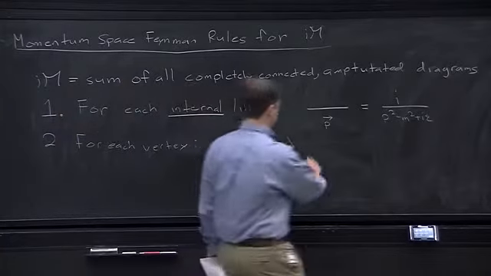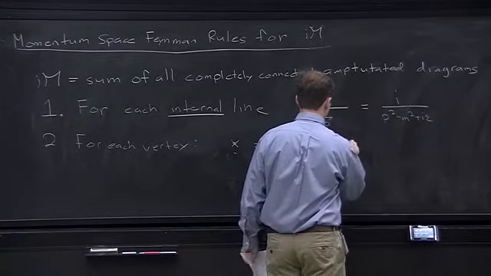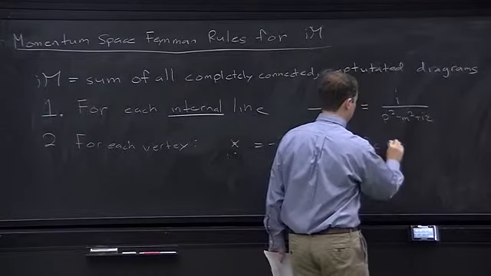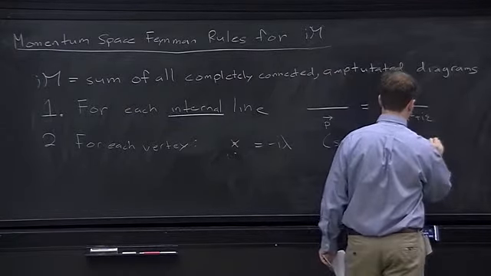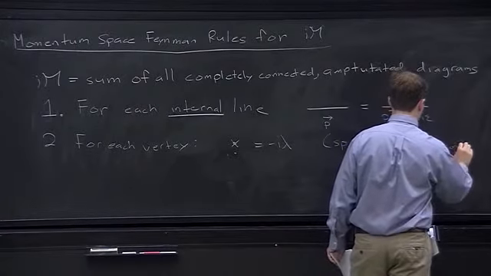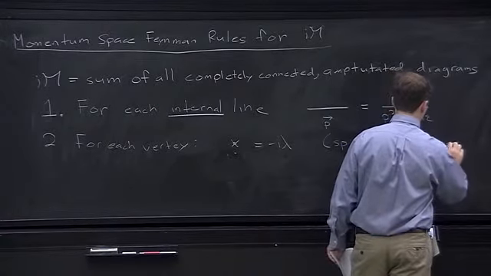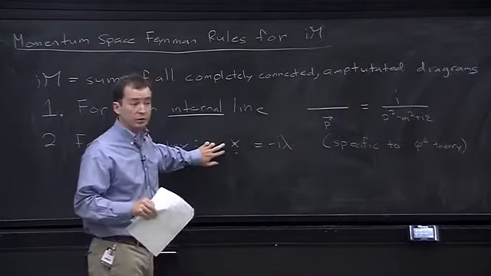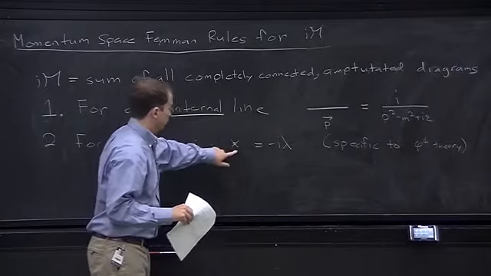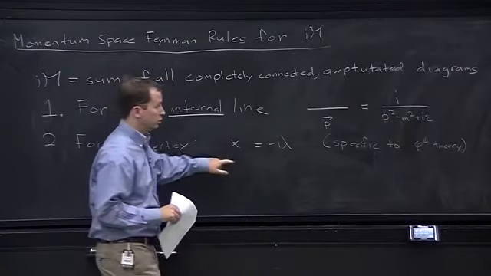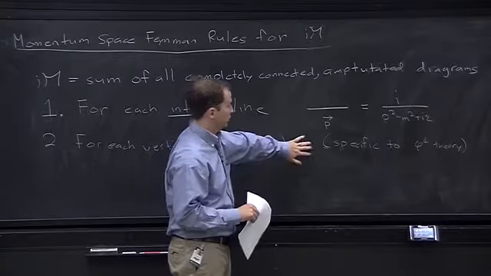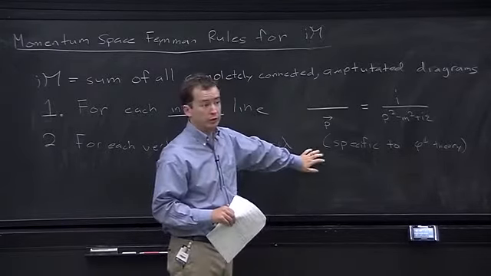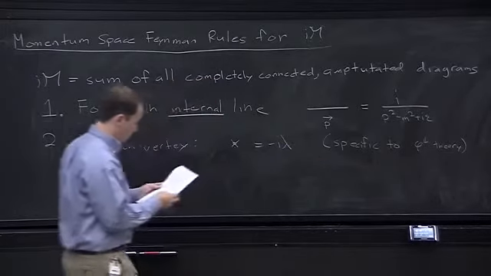And again, this rule is specific to phi-4 theory. So which vertices are allowed and what the Feynman rules for the vertices are depend on the theory, just like they did in the position space version, where the vertex rule came from the form of the interaction Hamiltonian that we wrote down.